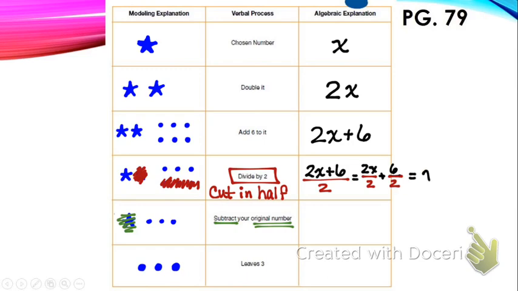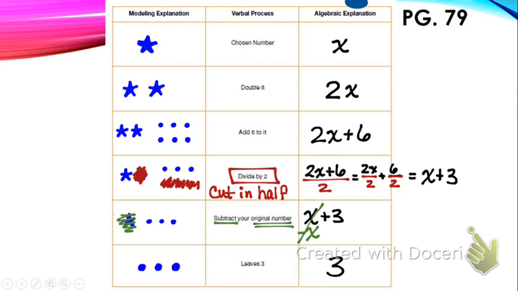And so then I'm just left with x plus 3. And then I asked you to subtract your original number. What is that original number? X minus x cancels out, and we have 3. Does that make sense? All right.